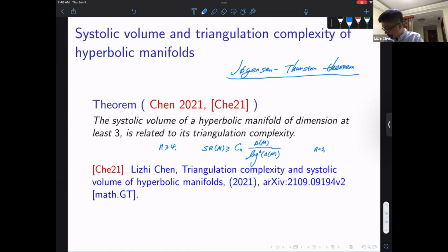But for n at least 4, I can find the relation between systolic volume and the injectivity radius. So this is the relation. Thank you.